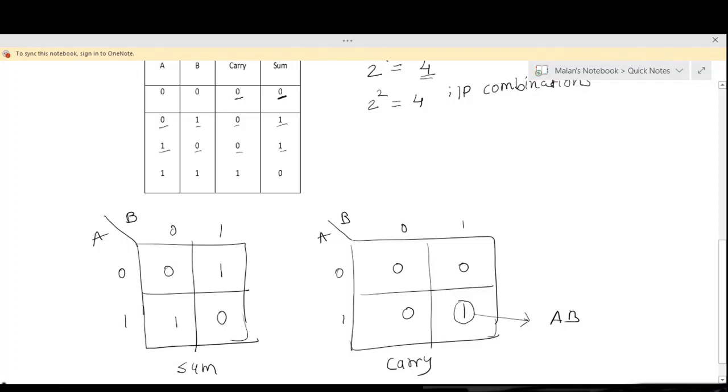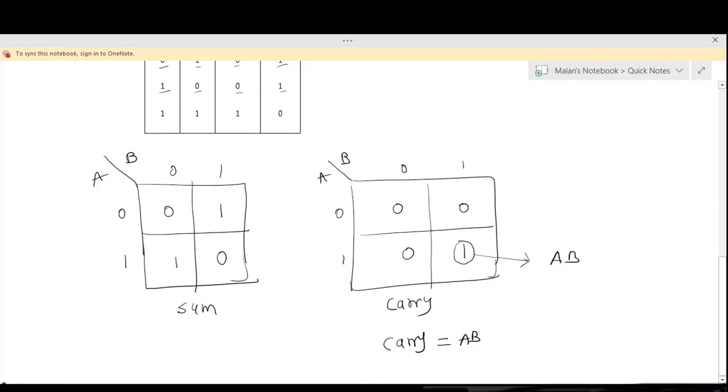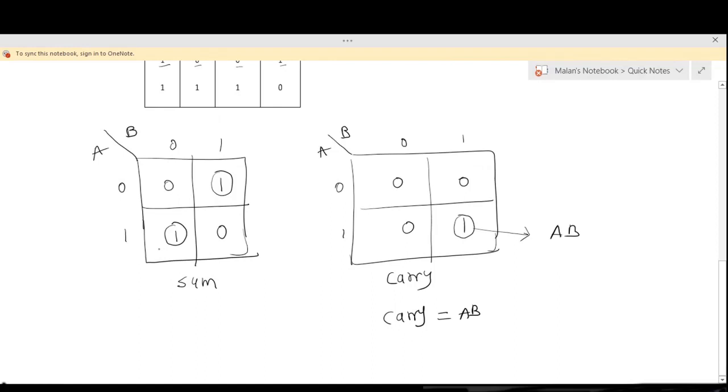No pair is possible. Both the ones are isolated. Circle the isolated ones and find the expression. This one represents A bar B, plus this one represents A B bar.